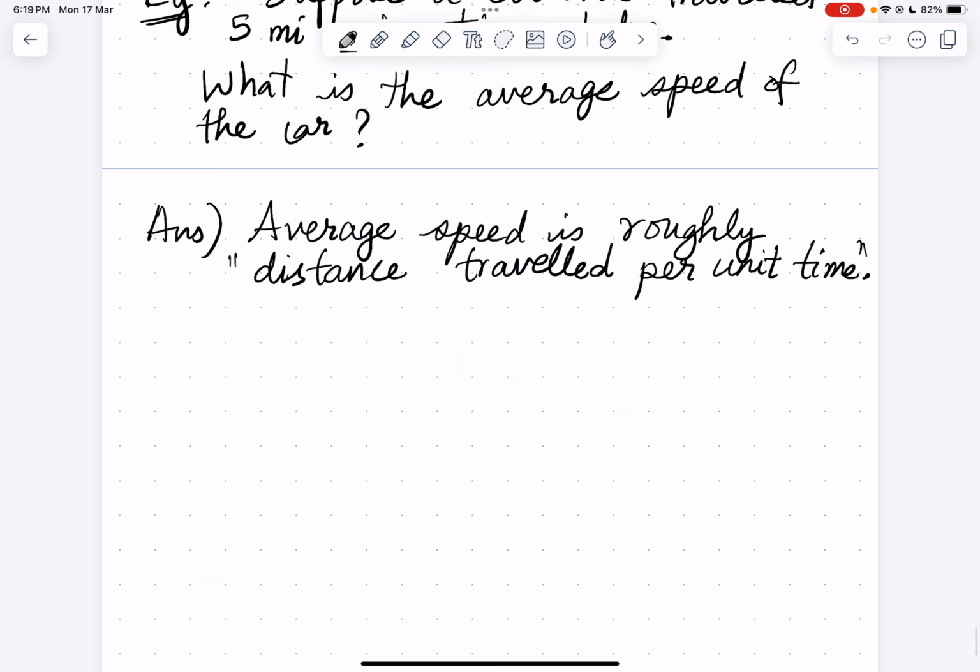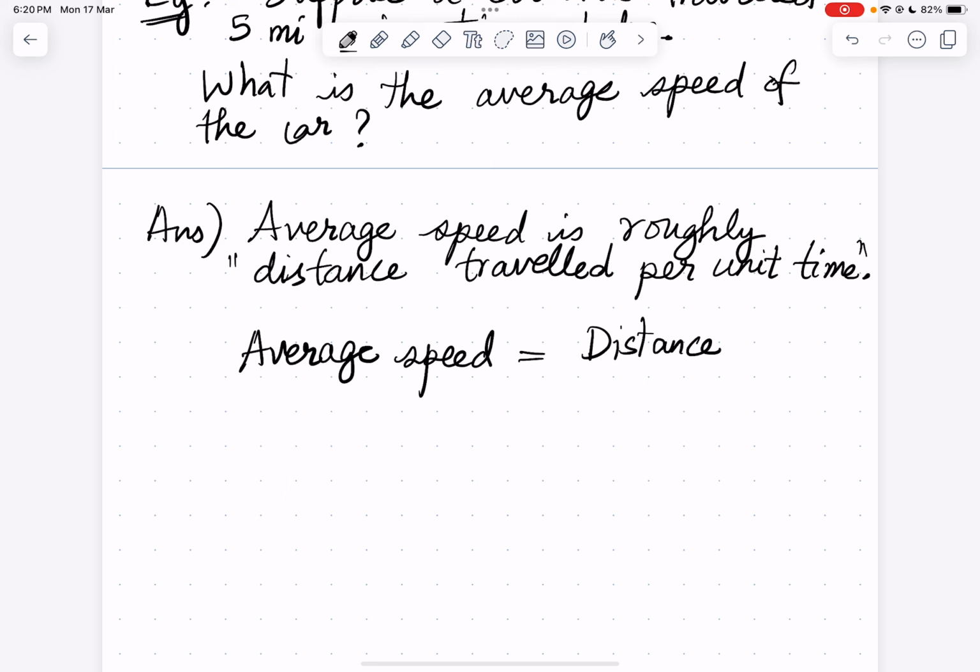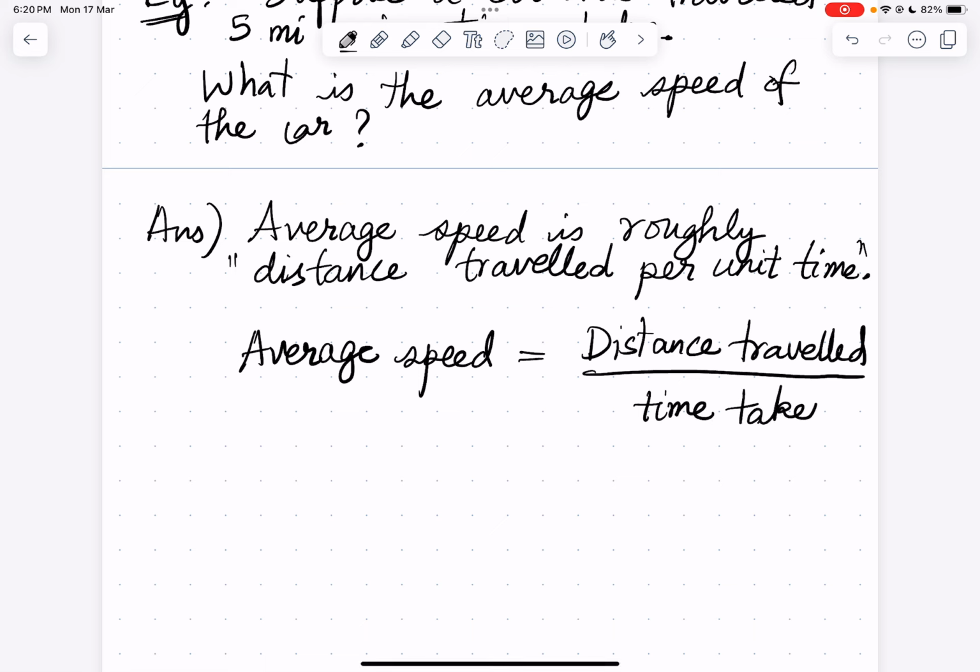So average speed equals distance traveled by time taken. Time, that is, average speed is distance traveled by time taken.